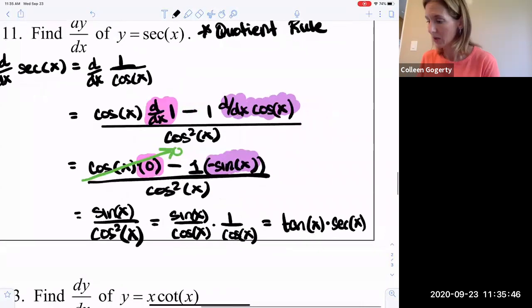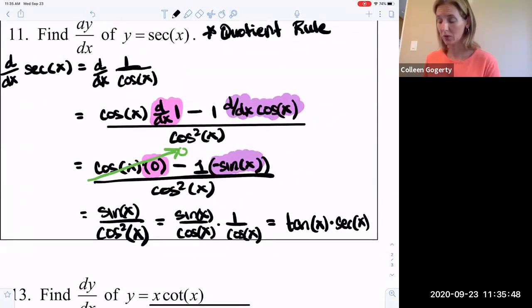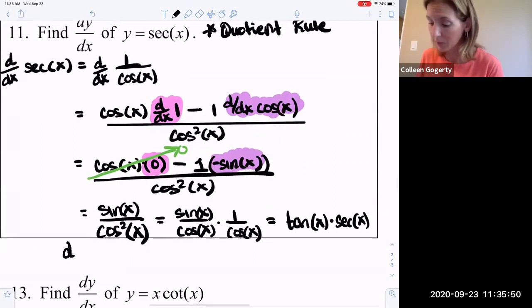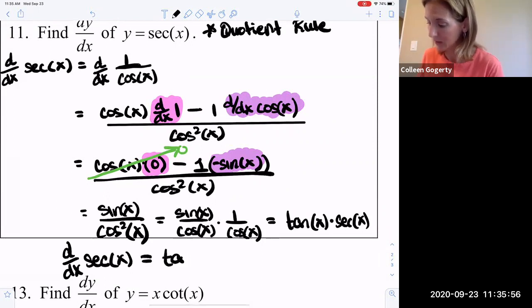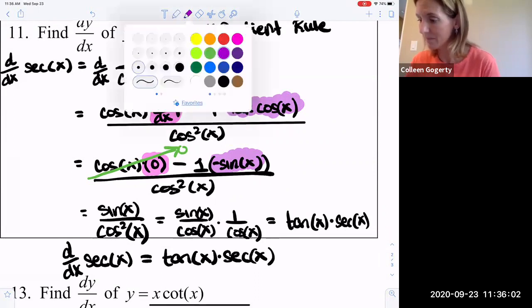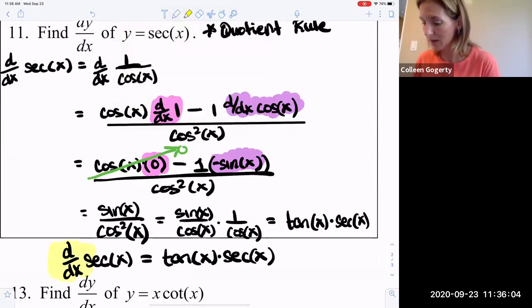So to conclude, something that I'm going to put on my need-to-memorize list, I'm going to need to know it for my AP exam eventually: tangent x times secant of x. Let's highlight that up. This should now be on my things that I need to have memorized for calculus.